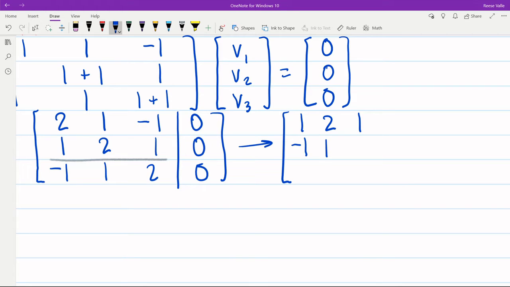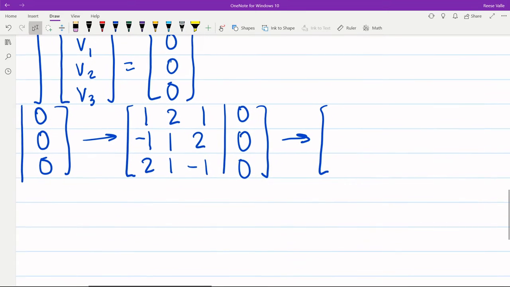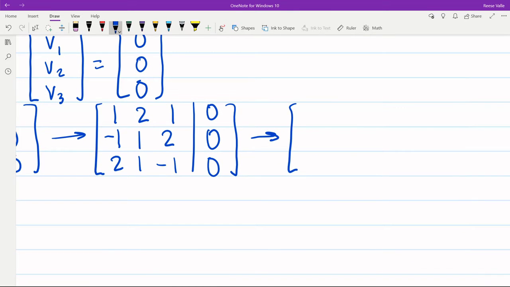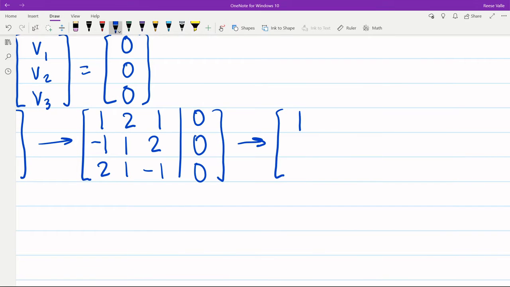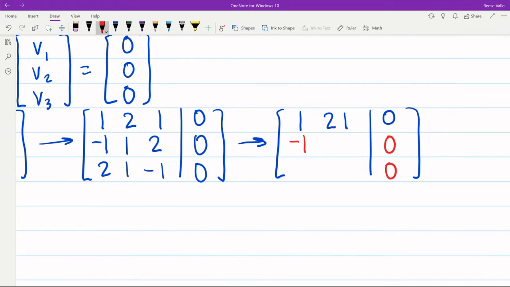I'm just going to write this out. Since the second term's already negative, I'm just going to combine the second row with the third row. I'm just going to leave the first one the same. It's going to be -1, 2.